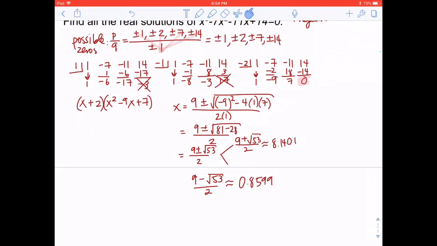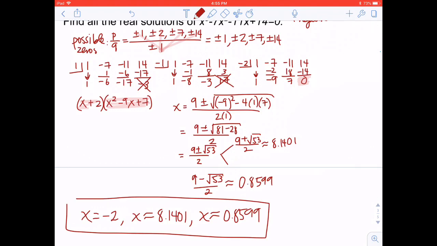And those are my additional two solutions that come from that quadratic. We already knew that this one was negative 2. So all of our solutions are x equals negative 2, x approximately 8.1401, and x approximately 0.8599.